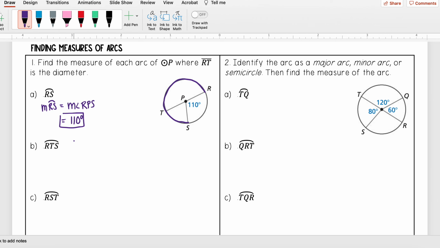And RTS is going to equal 360 minus my central angle, which here is 110. So the measure of RTS is going to equal 250 degrees.